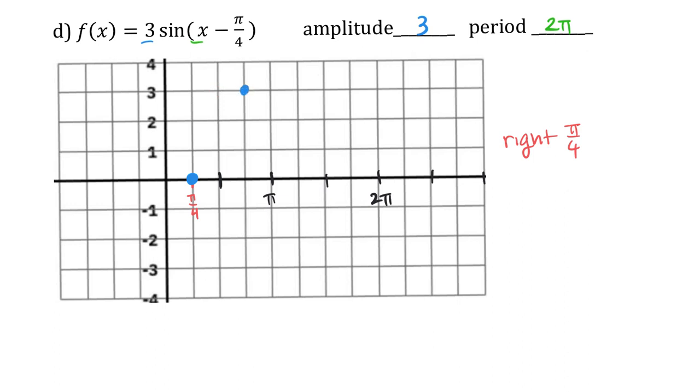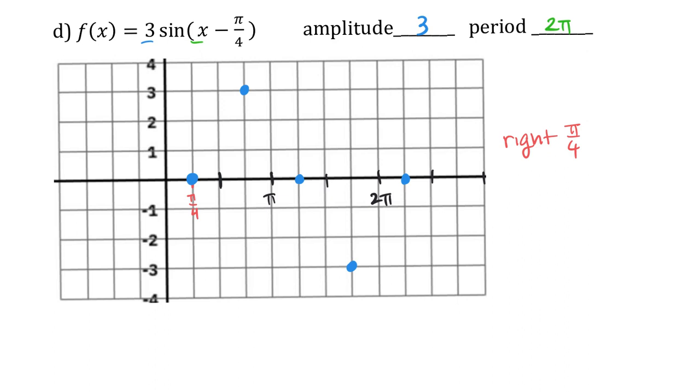Okay, then it normally goes back to 0 at pi. But I'm going right pi over 4, so I'm going to miss it and go to the right. Okay, and then normally we go back down to 3, but I'm going to go right pi over 4. And then normally we end at 2 pi, but I'm going to go right pi over 4, which is 1 space. Okay, now if you look at that, it still looks like sine. It does look like it shifted over 1 space.